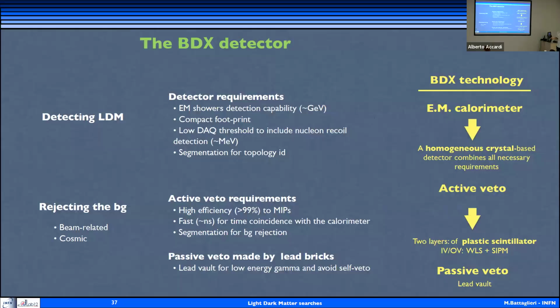Again, think about what is a good efficiency for a plastic scintillator, 99.9%. Okay, I reject the cosmics: a charged particle at 99.9% means that I have 1 per mil. Now, if you have billions of muons, even a 1 per mil inefficiency reflects in 1,000 or 100,000 hits in your detector.